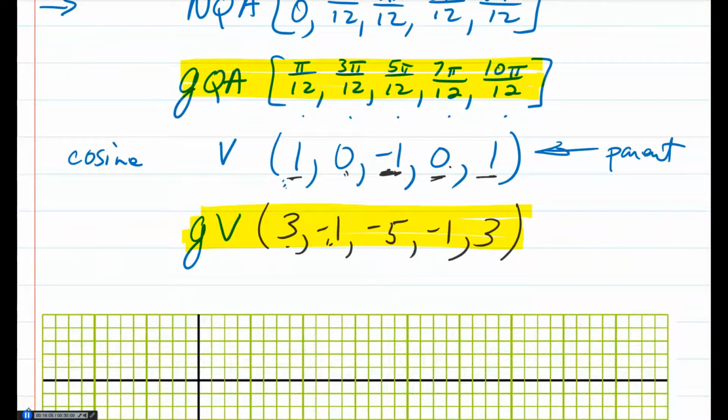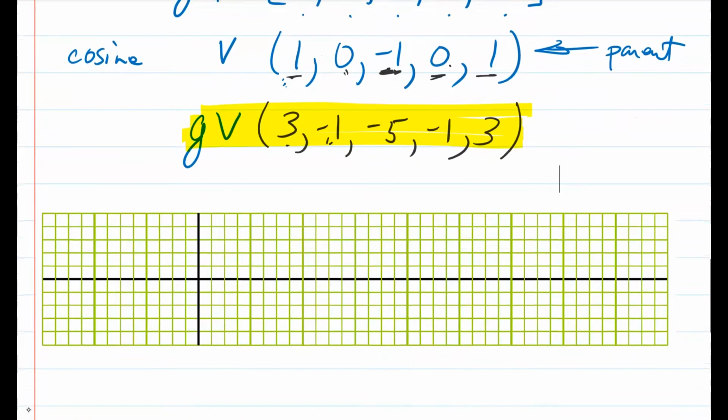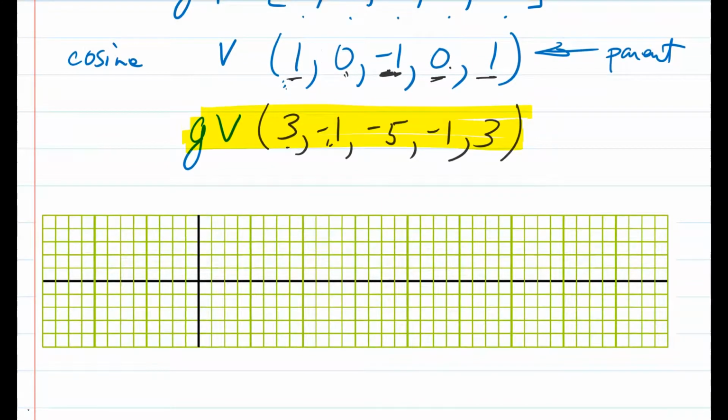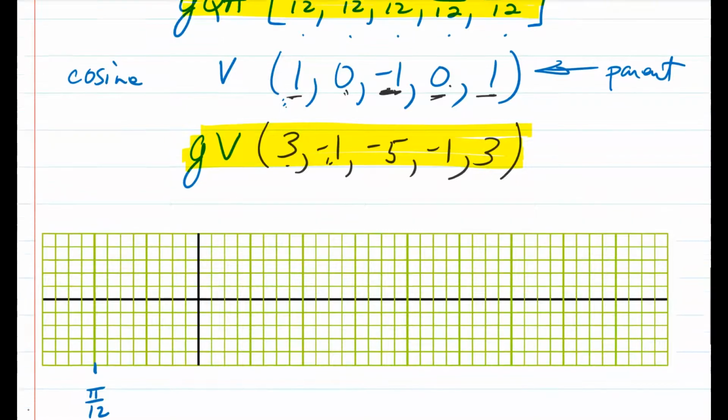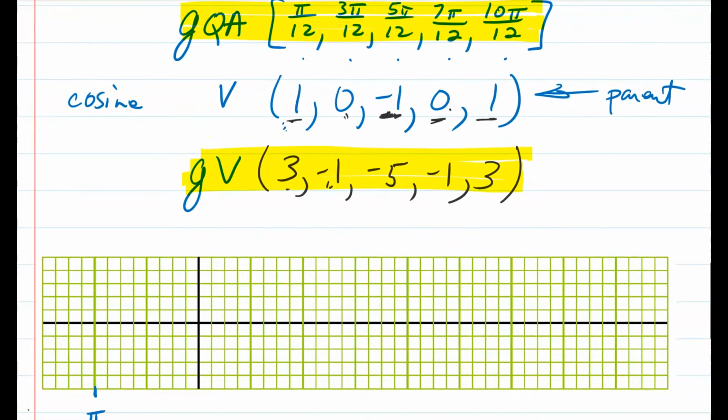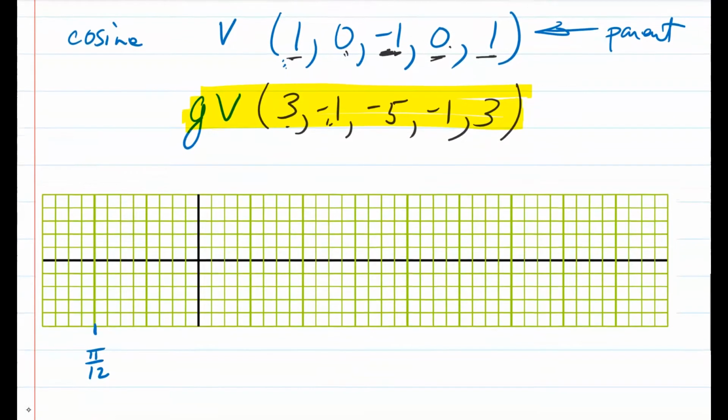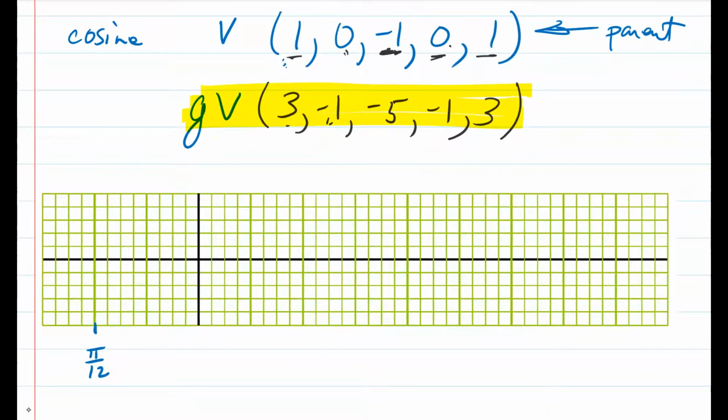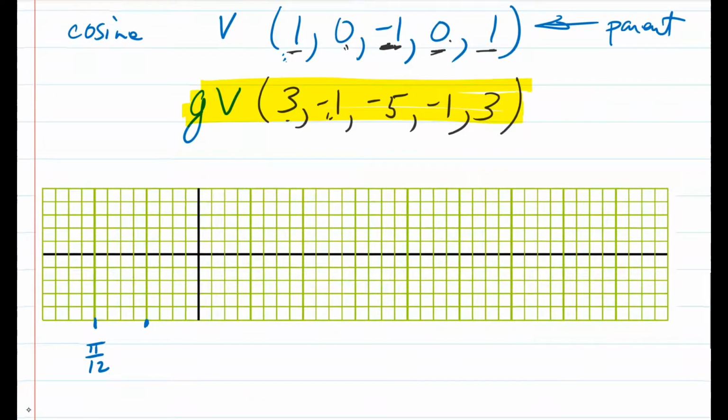And so our first GQA angle is pi/12. And this is just my preference, but I tend to pick this vertical right here to anchor my first quadrantal graphing angle. And that's pi/12. The next, I go over 4 to this other dark vertical, and that angle is 3 pi/12.